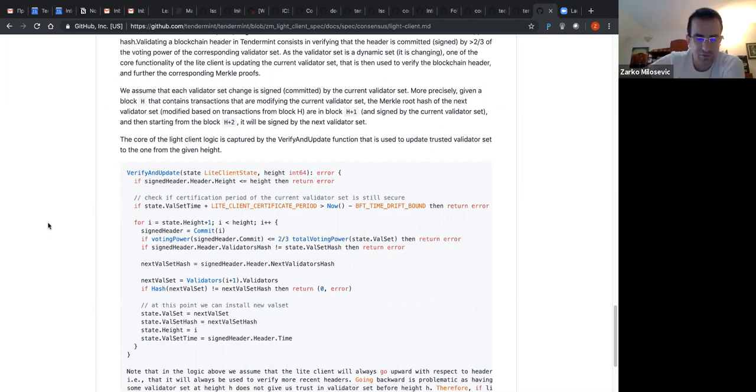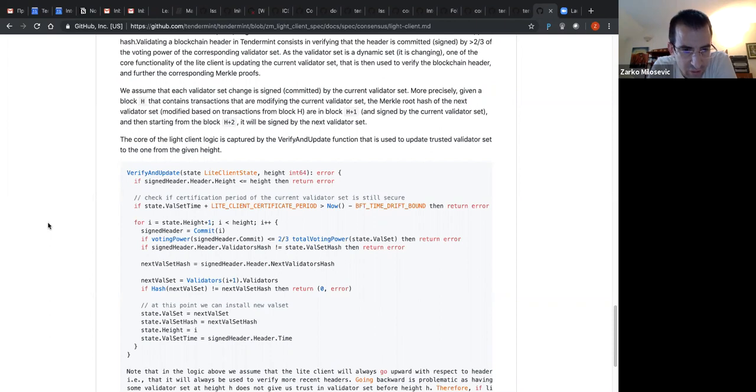So when we obtain the validator set hash from the next block, this is what is written in our state. Then we compute from that header the next validator set hash, like during the initialization procedure. We check whether the validators correspond to this hash, and then at this point we can install the new set.